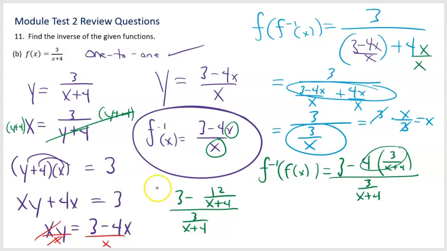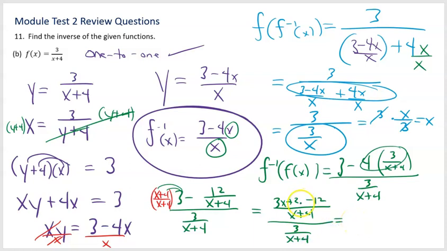So y'all, I'm going to multiply the 3 by x plus 4 over x plus 4. That way they have a common denominator. Now distribute here, that's going to give me 3x plus 12, and then minus 12 over that common denominator of x plus 4, divided by 3 over x plus 4.